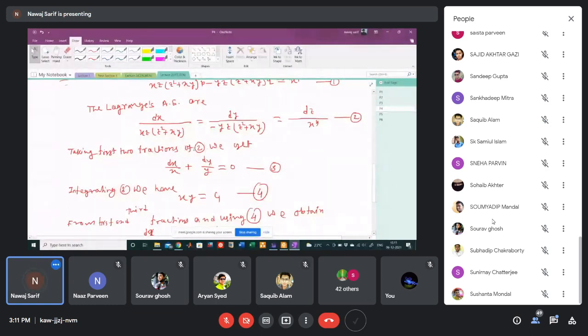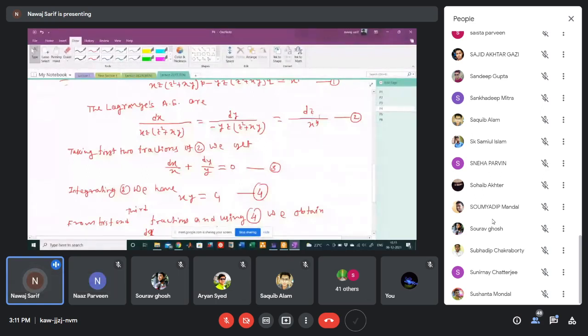Take the first two fractions, then cancel out the z into z square plus xy term from both sides, and you get the solution xy equal to c1. Now you have to apply this xy equal to c1 in this fraction. See here, the xy term is here and the xy term is here, so you can use xy equal to c1 in both terms, but you have to use this term also.